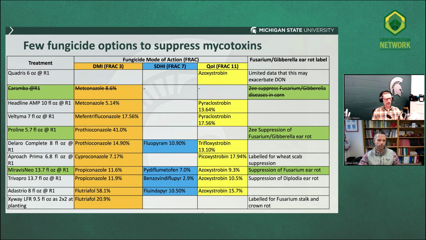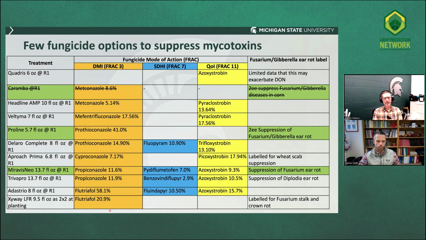Well, this was just trying to think about the trials that we have and the products that are labeled for mycotoxin suppression. What we have here is the different modes of action. We've got in orange the DMI, which have been a stalwart of mycotoxin management in wheat.